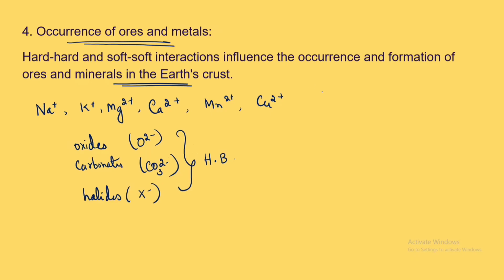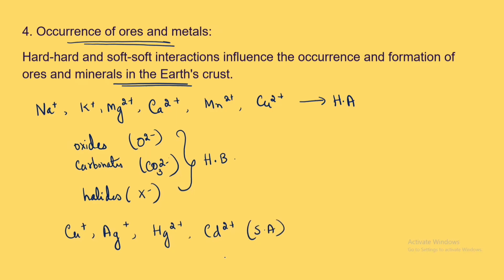So now we also know that these are hard acids. So especially when they are present as ores or minerals in the Earth's crust, they are in the form of hard and hard combinations. In the same way, I can also take soft acids, for example, Cu+, or it can be Ag+, we can take Hg2+, or you can take cadmium, Cd2+, etc., which are again soft acids.